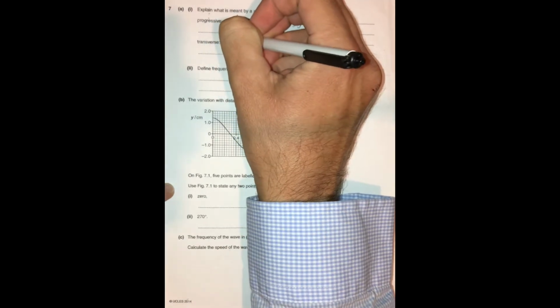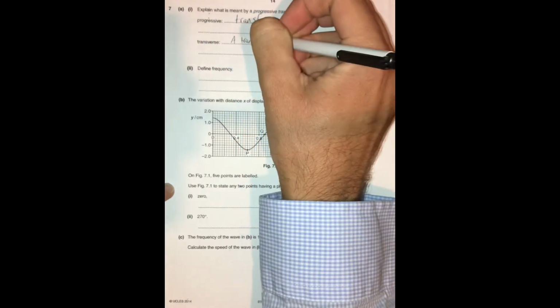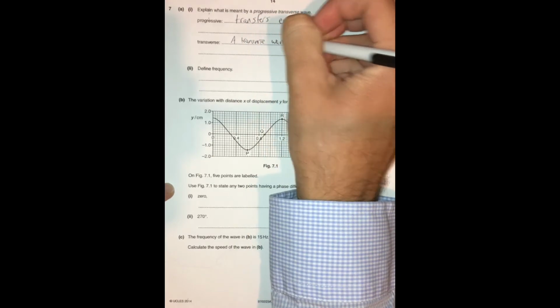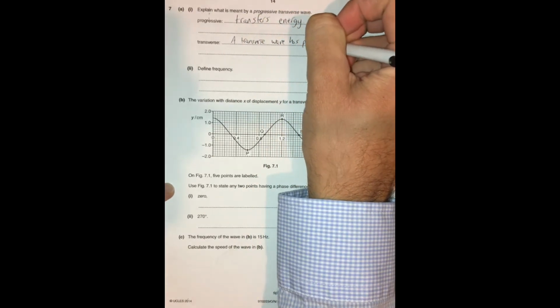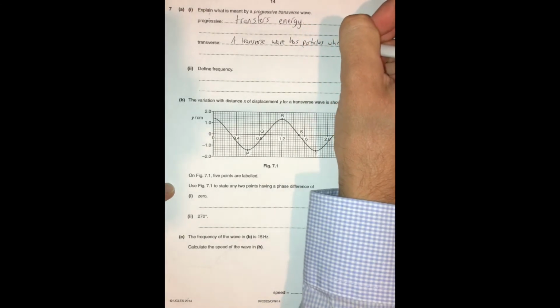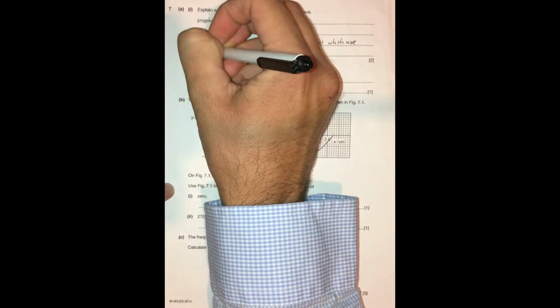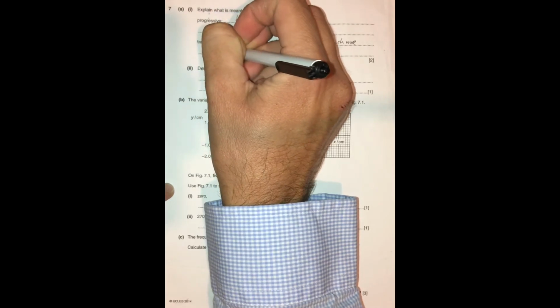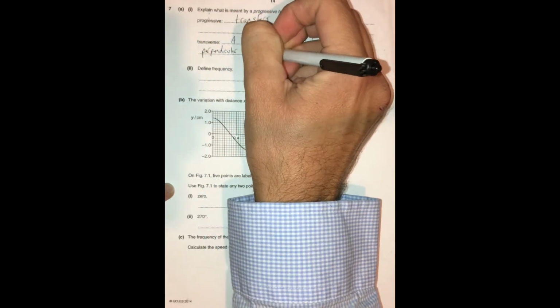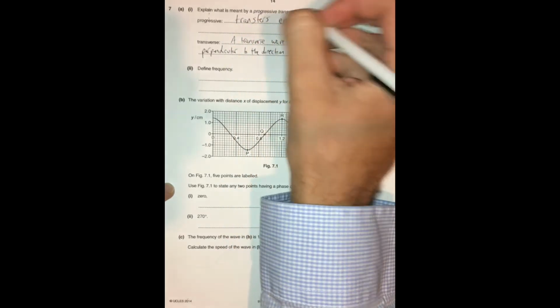Transverse, we know, relates to the learning outcome of being able to describe the motion of transverse and longitudinal waves. So for a transverse wave, let's put this in a complete sentence: a transverse wave has particles which move perpendicular to the direction of energy transfer.